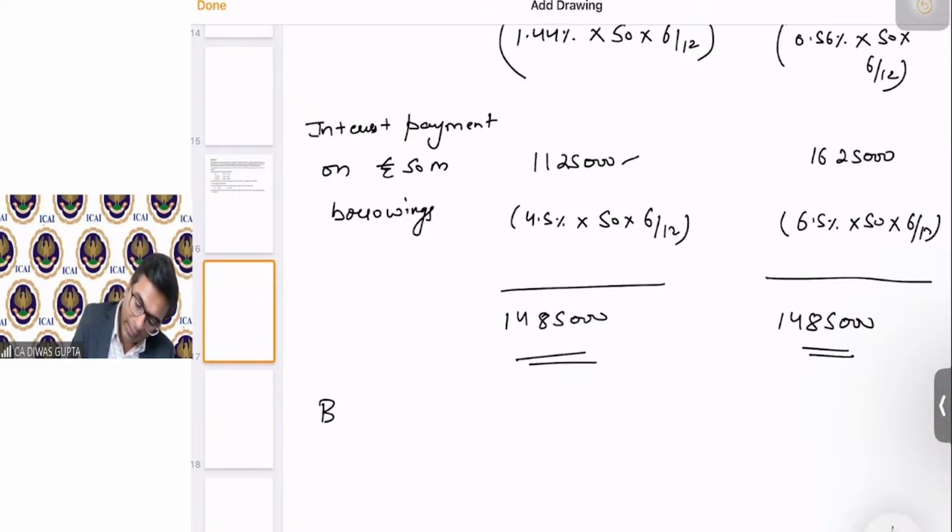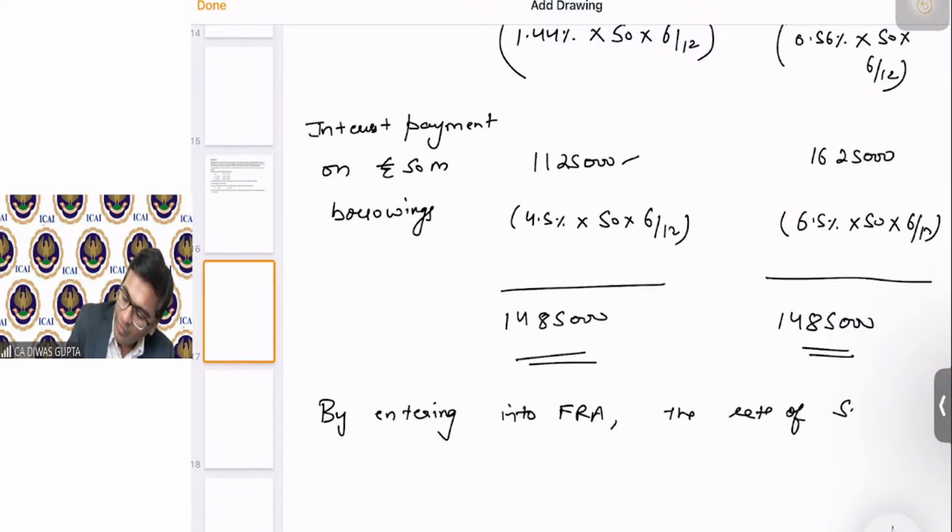So by entering into FRA, the rate of 5.94% is committed.